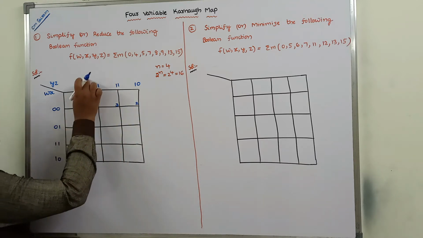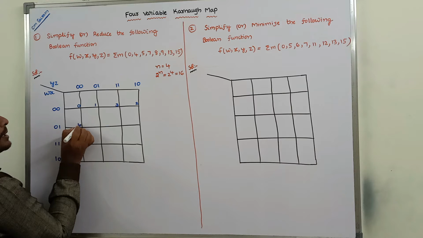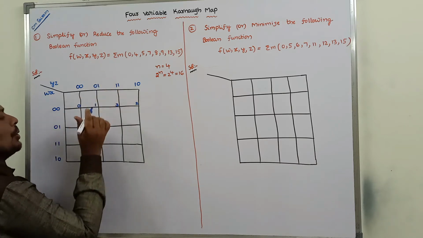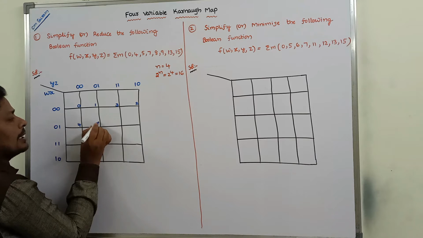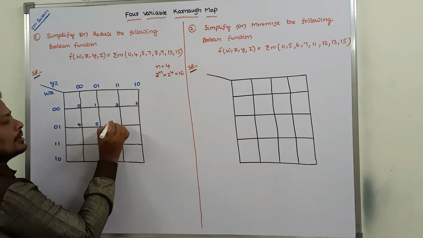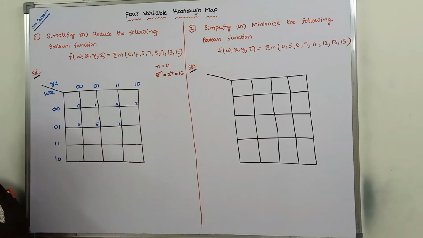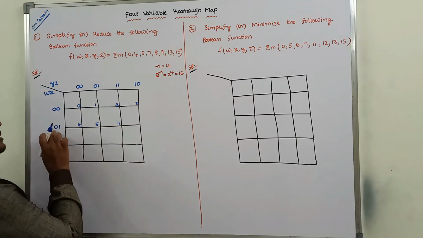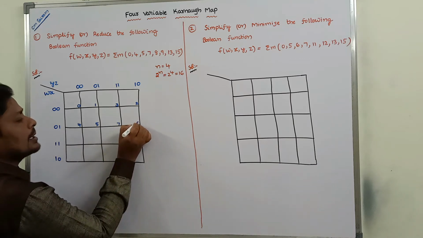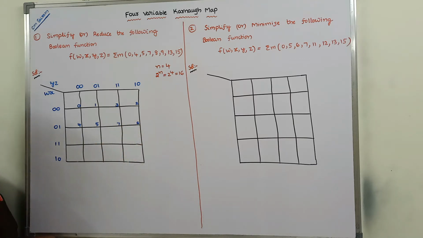Next, 0 1 0 0 represents 4. 0 1 0 1 represents 5. 0 1 1 1 represents 7. 0 1 1 0 represents 6.